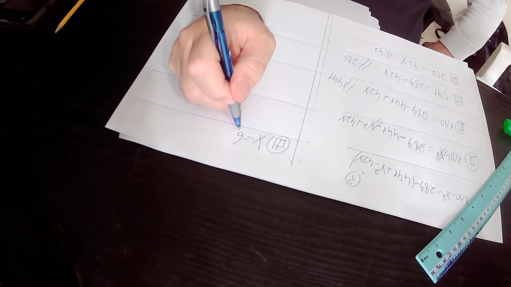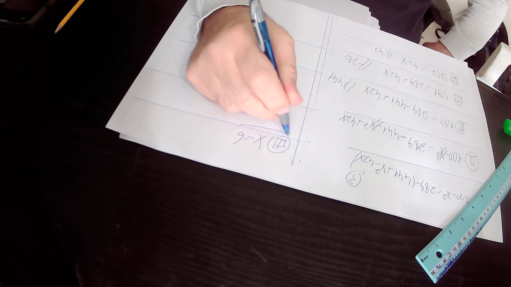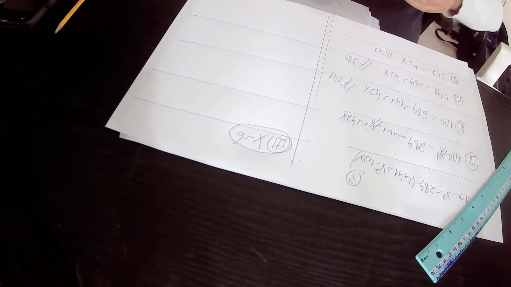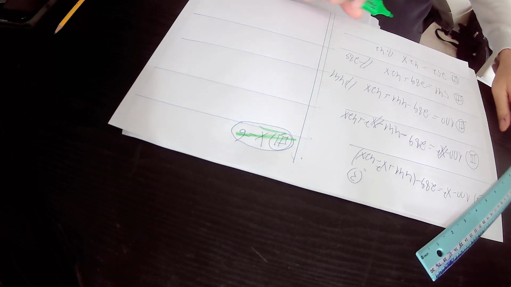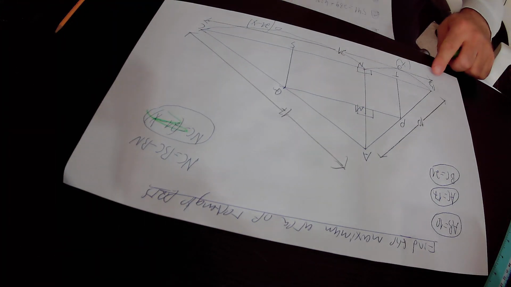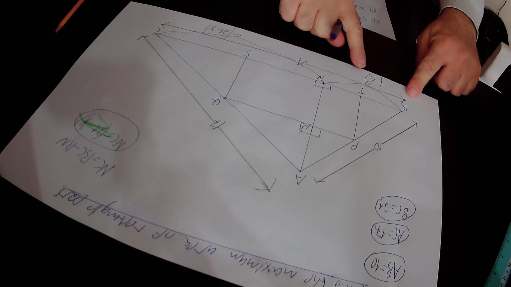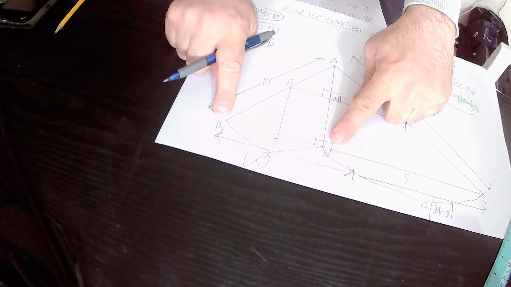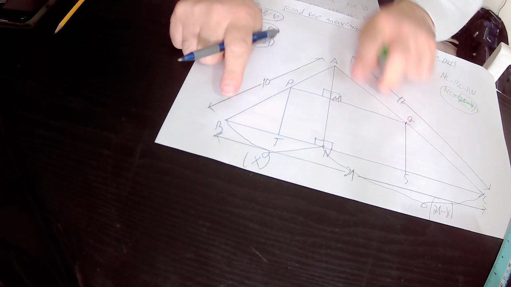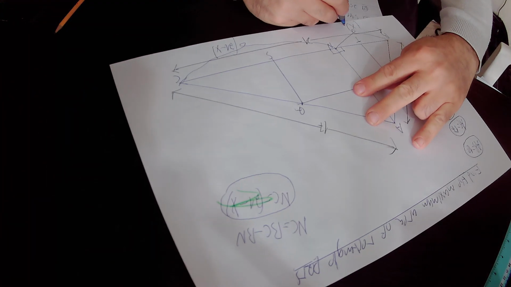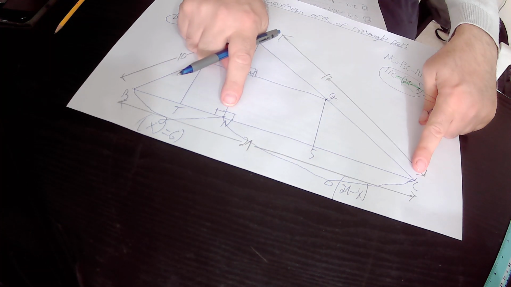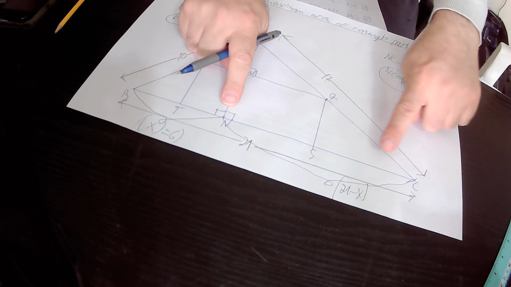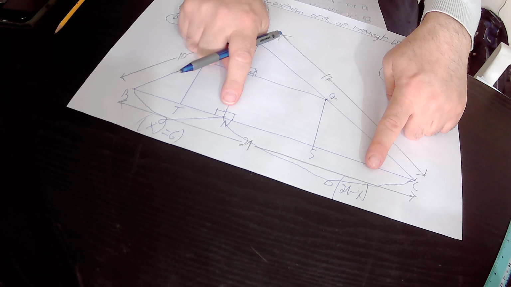Again, 252 over 42 equals 6. So x equals 6 units in length. So actually, line segment BN is equal to x, which equals 6 units in length. And here, this is line segment NC, that is equal to 21 minus x, and x is 6, so it is 21 minus 6, it is 15.